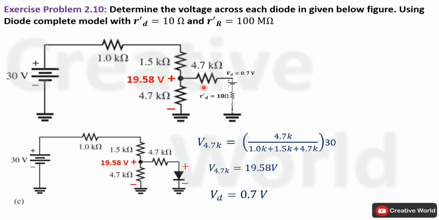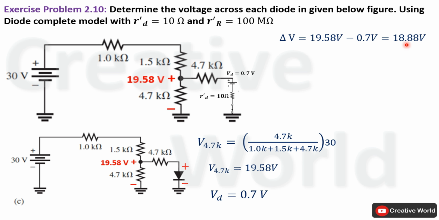So we know that voltage across these 2 points is 19.58, and these two resistances are connected in series, so we can apply voltage divider rule to find out voltage across this resistance. But before that, we have to subtract this diode voltage drop from this supplied voltage. So in our case, the supplied voltage will be equal to 18.8 volt after subtracting diode drop.